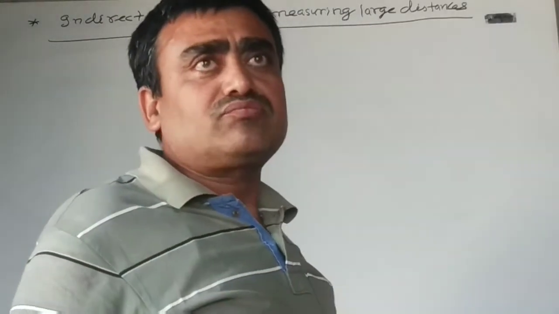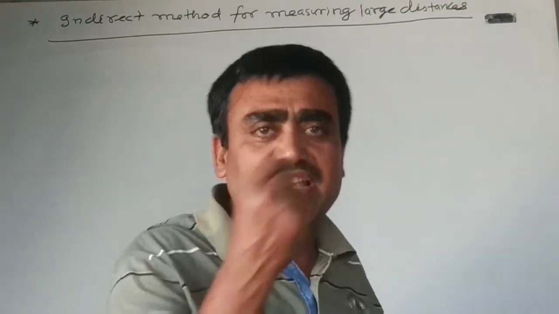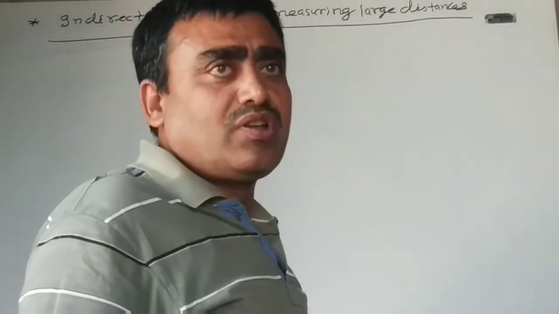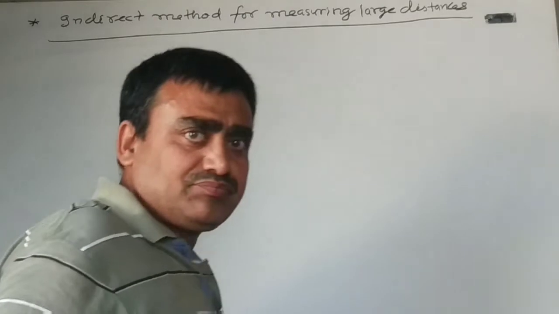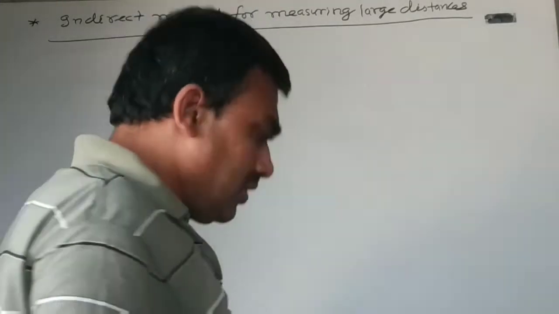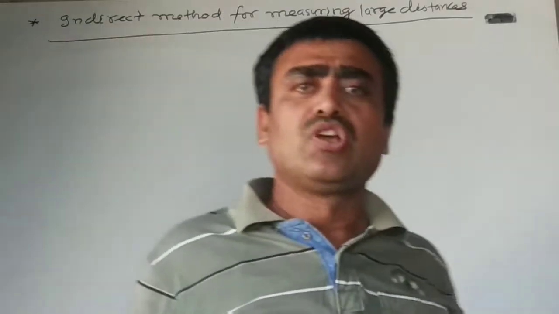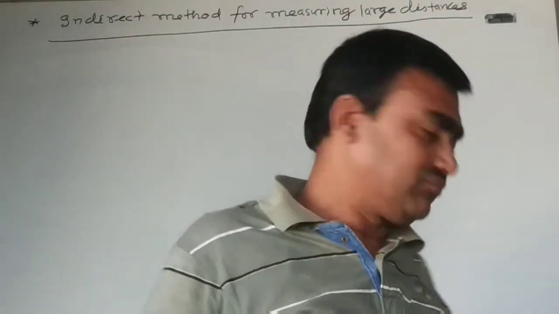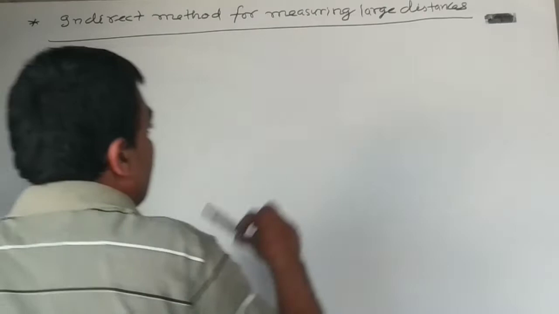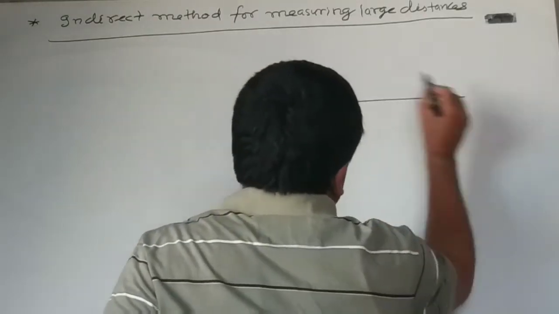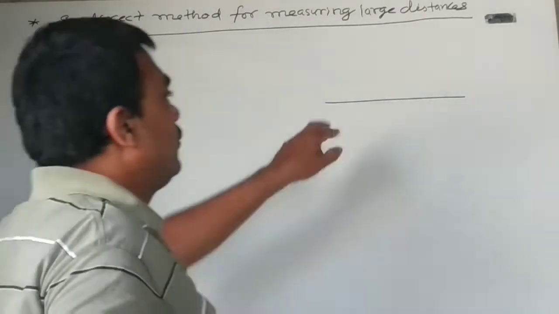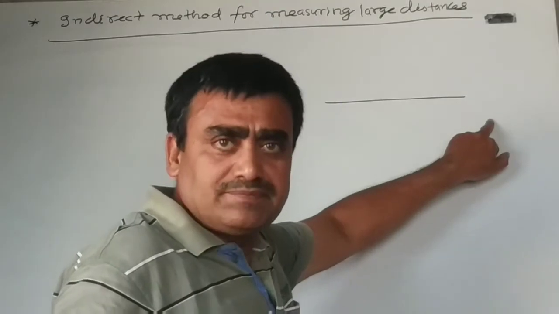Here parallax method is explained. Okay, first of all, the question arises, what is length? Suppose this is a straight line.